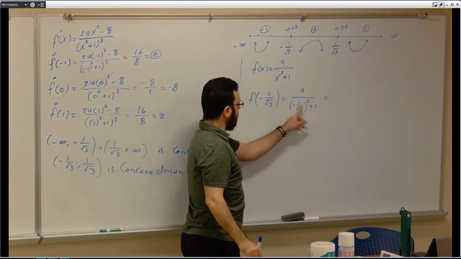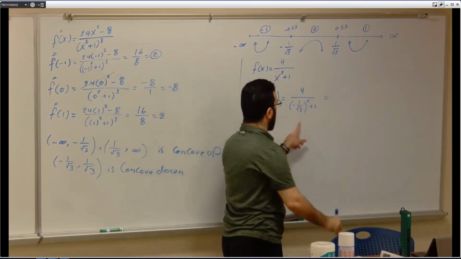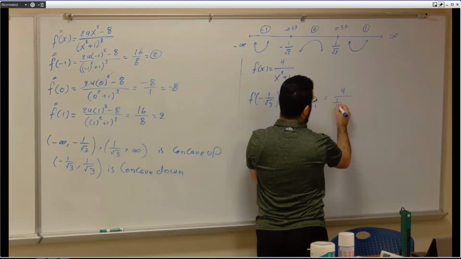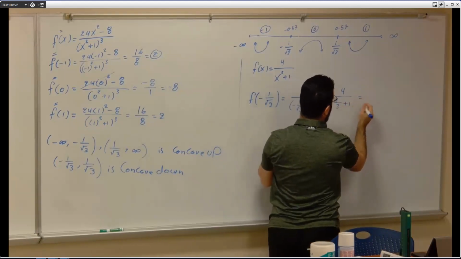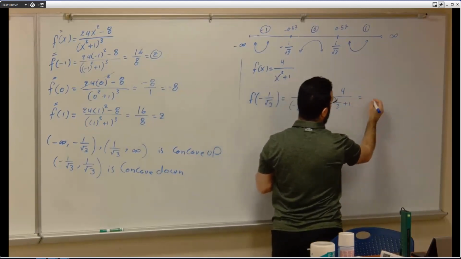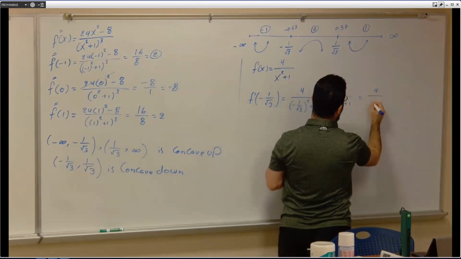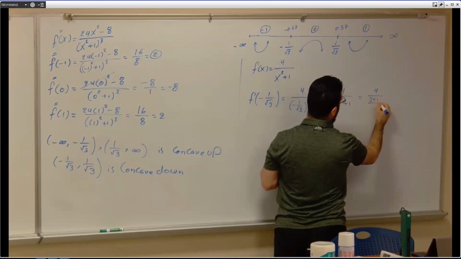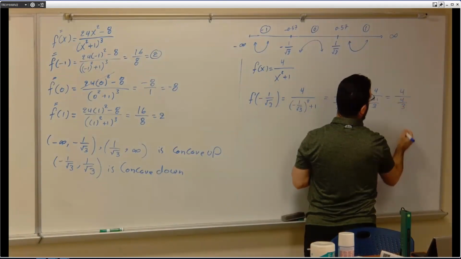This is squared, so it's going to be 1 over 3. That's 4 over 1 over 3 plus 1. Add these together. So it's going to be 4 over 3 plus 1 over 3, which is equal to 4 over 4 over 3.